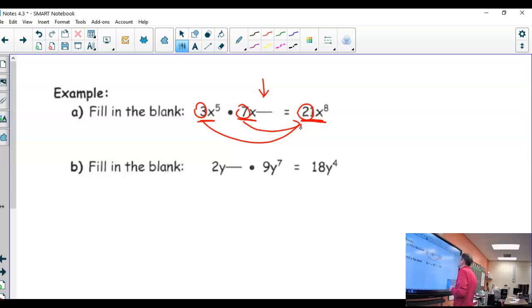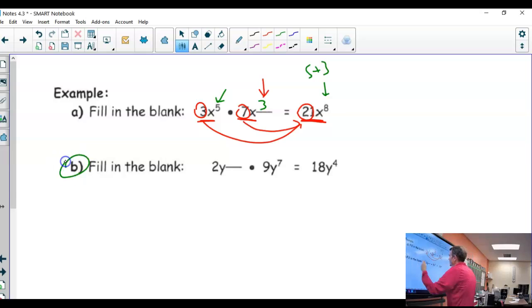But what gives me the x to the 8th? I have x to the 5th, so I need x to the 3rd here if I want x to the 8th. I think it would have to be a 3, right? Because when you're multiplying terms together, you add them to get the answer. The exponents get added.